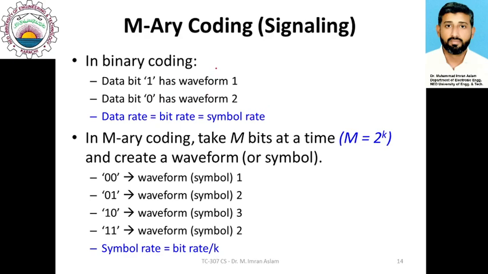However, in some cases, we combine some pulses to make symbols. So, for example, if we combine two bits, 0 0 is combined to make one symbol, so it becomes symbol number 1. 0 1 is represented by another waveform, another symbol. 1 0 is represented by waveform number 3, and 1 1 would be represented by waveform number 4.